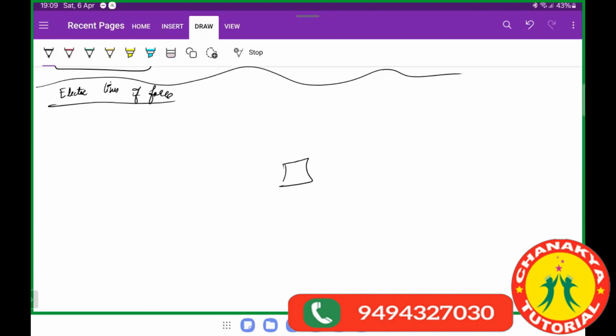We cannot see the range. That's why they have kept a bridge so far that you will not touch. So these electric lines of force are imaginary lines.